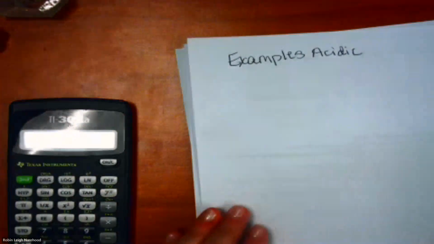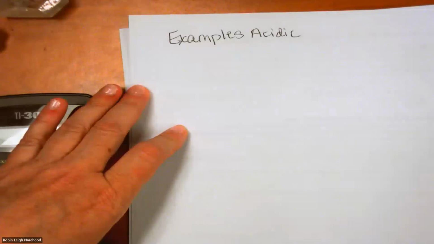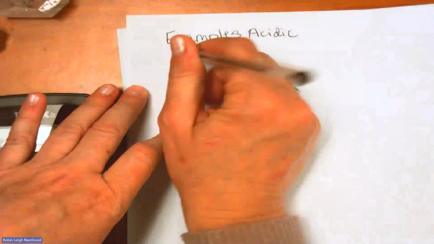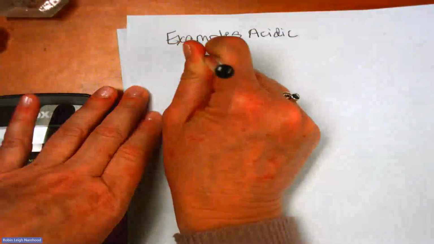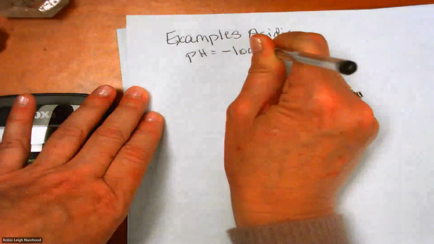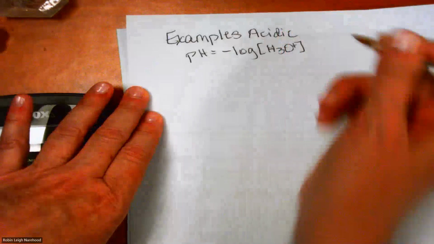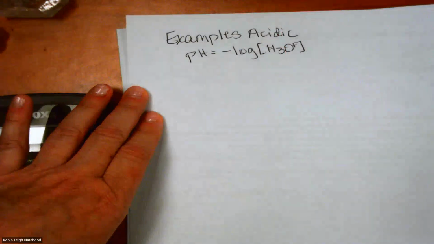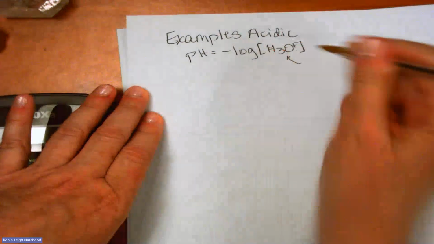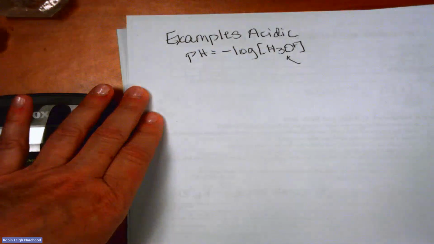And so if it is acidic, then to get pH, we have got to use all of the work we've done so far to use the hydronium concentration, not the acid, but the hydronium.